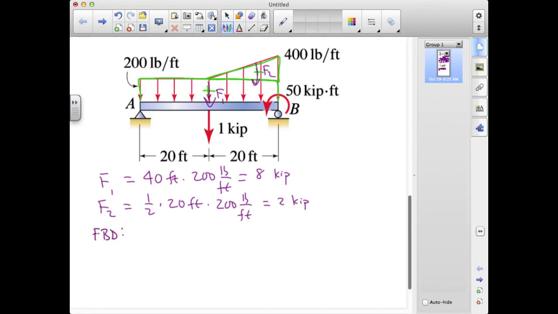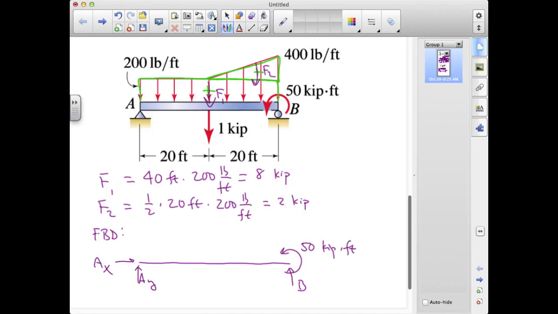Our free body diagram now looks like this. We have a pin support on the left, so we'll write AX and AY. We have a roller support at B, so we'll put just B out here. And we've got this 50 kip-foot force couple or moment, so I'll go ahead and add that.